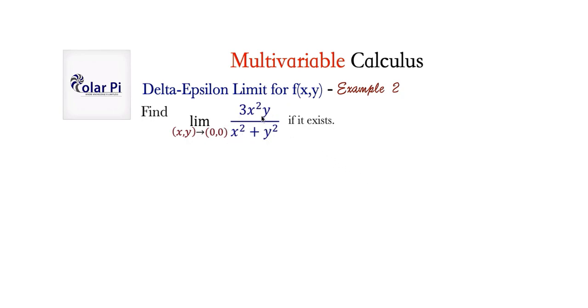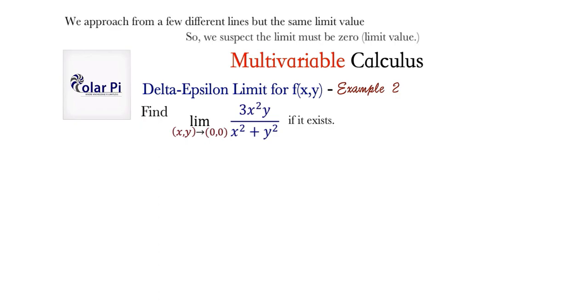So here what we would have done initially is what we would have done in example 1, which is approach 0, 0 from a few different lines, but we do that here and we keep getting the same value. We keep getting the same limit value, that is 0. And so we go, alright, the limit must be equal to 0. That is, this here must be equal to 0.